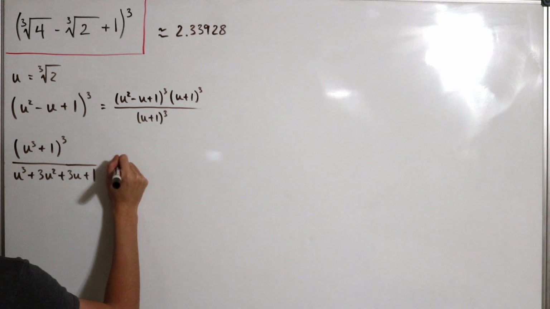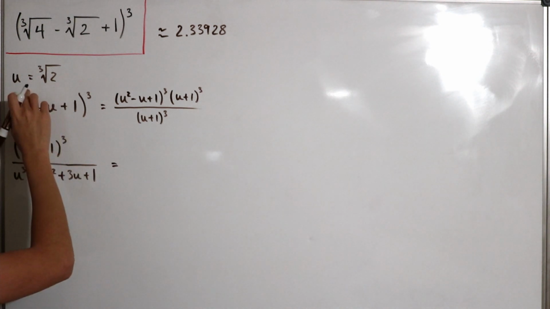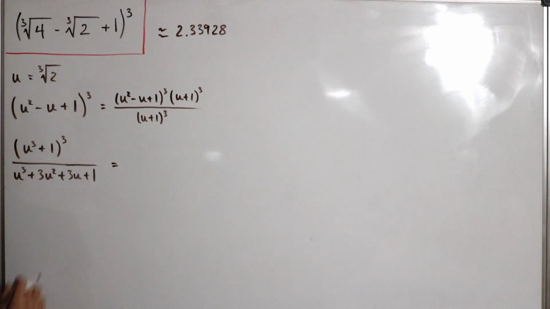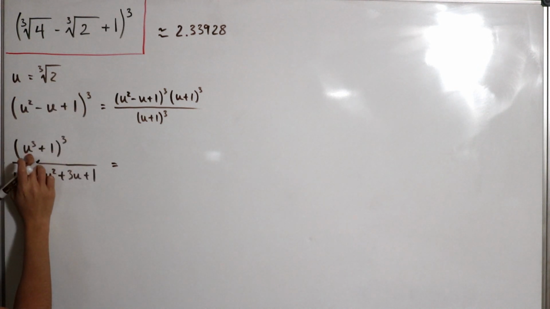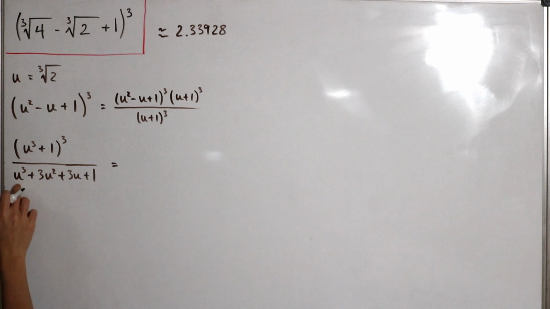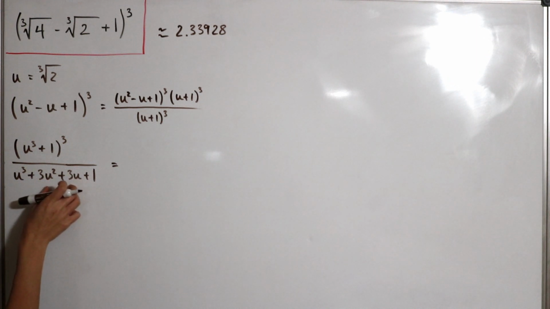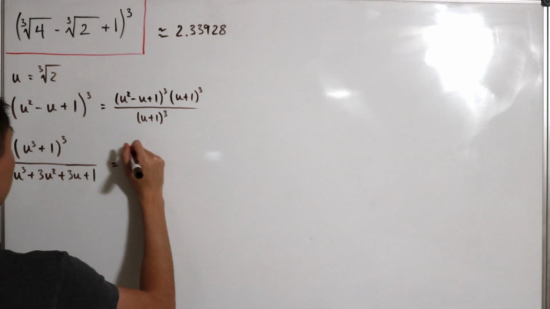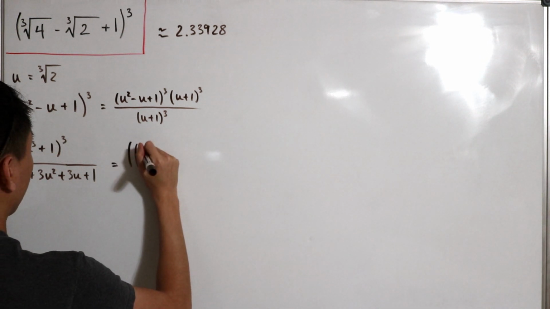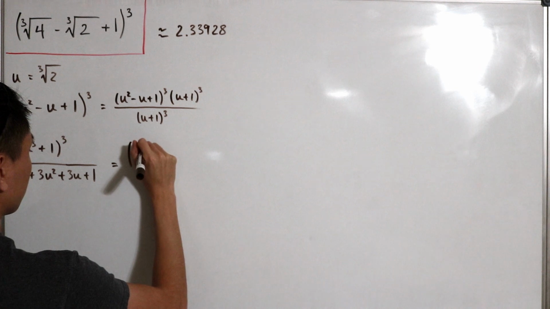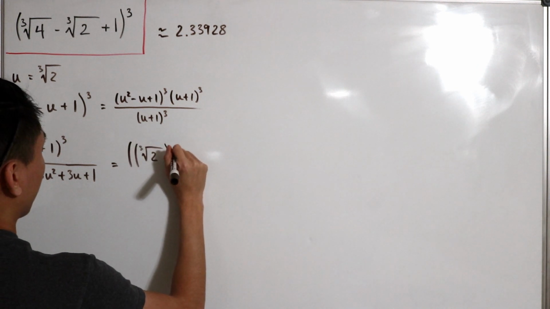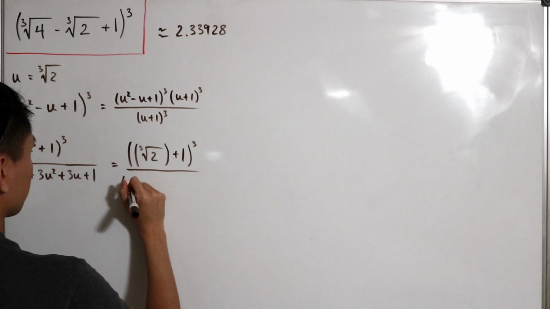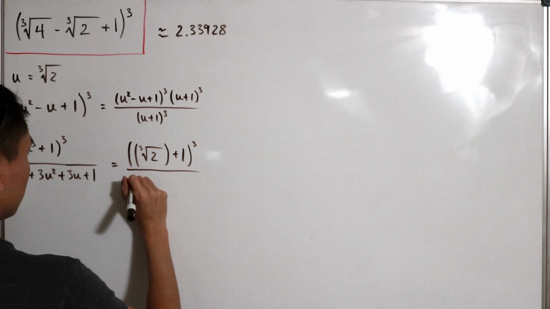Then what I can do is substitute u equals the cube root of 2. I'm going to put that in for our numerator over here, and I'll put this in for the u cubed over here. We're just going to leave these other variables the way they are, and only plug into these two. So I'll do the cube root of 2, cubed, add this with 1, then that's cubed, and then divide by the denominator, which is the cube root of 2 cubed.